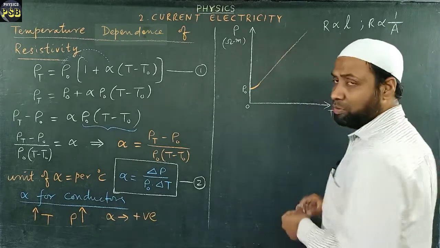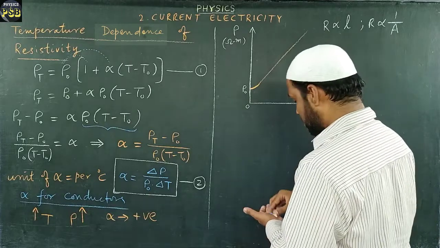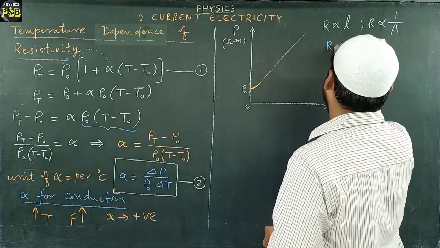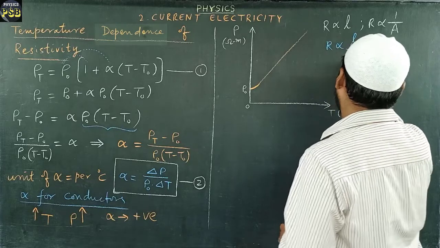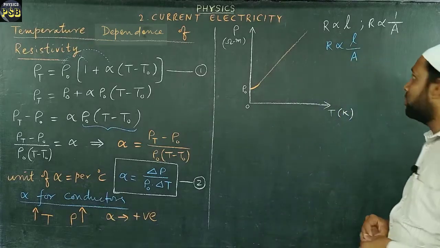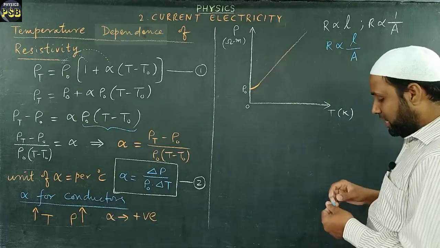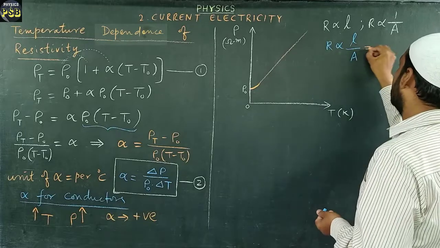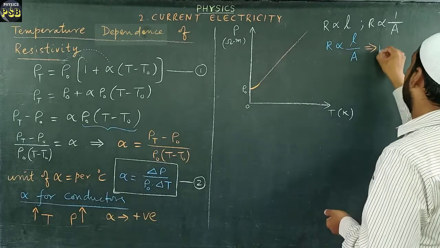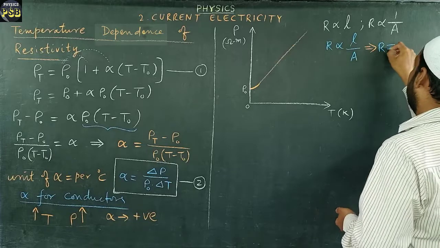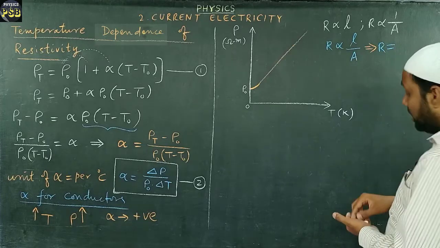When we combine these two expressions, we get R is directly proportional to L upon A. Now, when I remove this proportionality, we include equal to sign along with a constant.